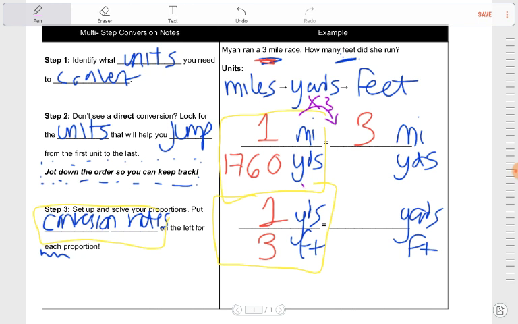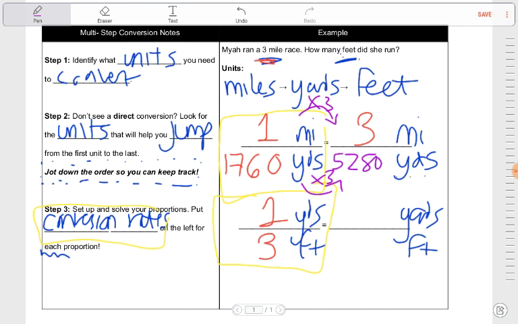If we multiply the top by 3, we're multiplying the bottom by 3. And 1,760 times 3, you can pause the video now, and it is 5,280 yards.